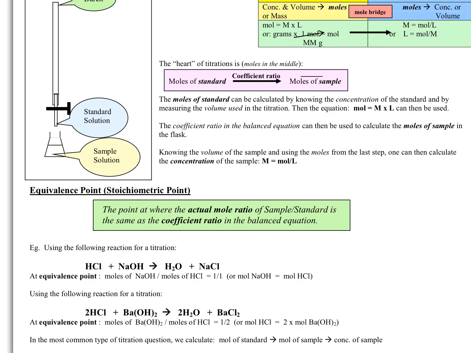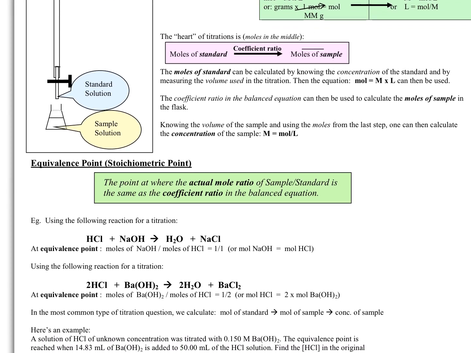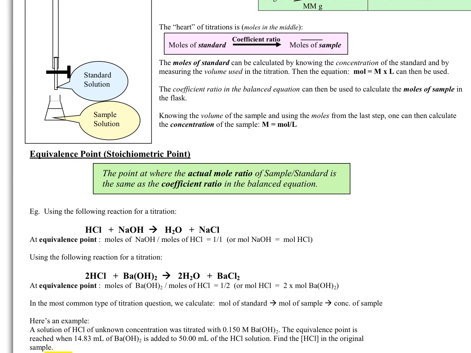So our most common use of titration is just to find this equivalence point, to be able to use our equation not just for ratios, but for an actual understanding of what is currently in that solution. For example, if I have a solution of HCl and I don't know its concentration, so I use barium hydroxide as my standard to titrate.